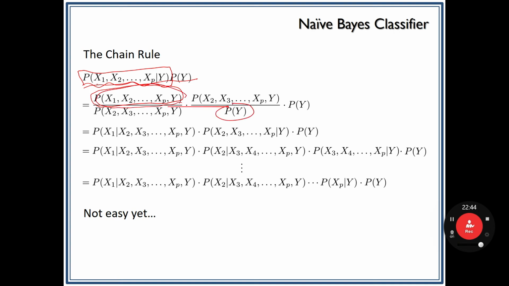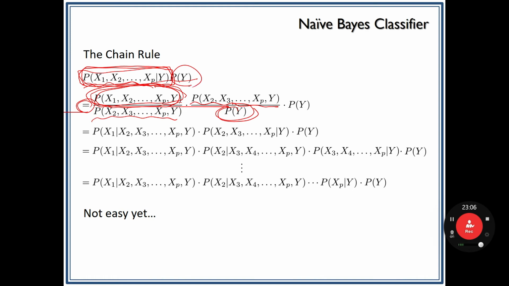This part is equal to this one over this one, by the definition of conditional probability. And on both the numerator and denominator, we multiply by the same probability here. Then this equality holds.